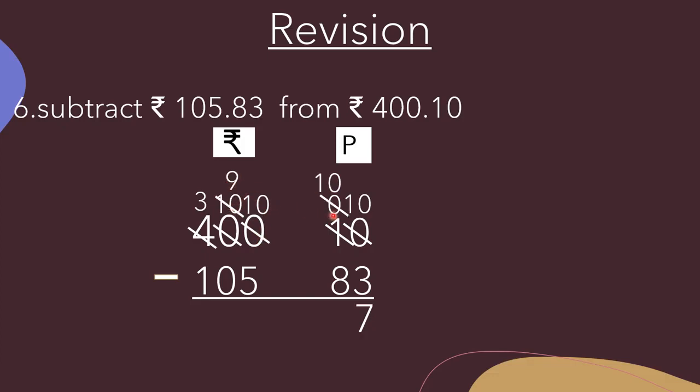Now this 0 will become 10 and this 10 will become 9. Now 10 minus 8, that is equal to 2. 9 minus 5, 4. And 9 minus 0, 9. 3 minus 1, 2. So what is the answer? That is 294 rupees and 27 paise. Here we will write it collectively, rupees 294.27.